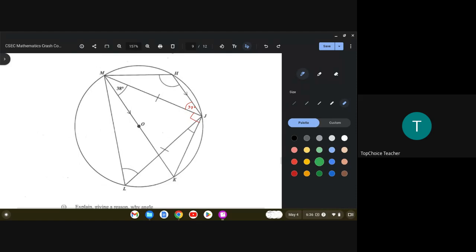With that being said, how are we going to begin to figure this out? Anyone have any clues or ideas?